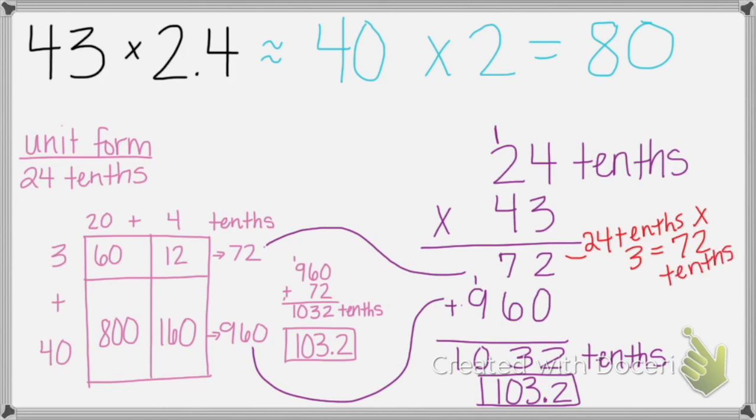And then think about how we got that 960. So over in the area model, you can visually see that we took our 24 tenths and we multiplied it by 40, which gave us our 960 tenths. We added our two partial products together to get 1,032 tenths, and then we just needed to add our decimal to write it in standard form.